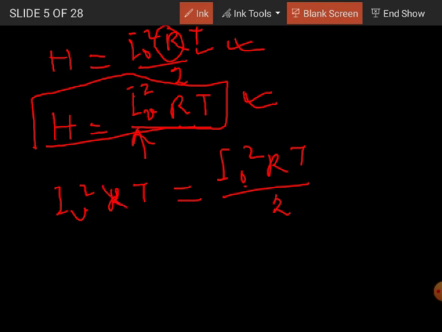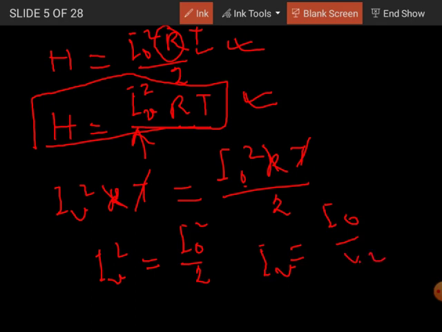If you cancel R and T, then IV square will be equal to I naught square divided by 2. So if you express this IV, it will be equal to I naught divided by root 2. If you simplify this, then IV will be equal to 0.707 times I naught.